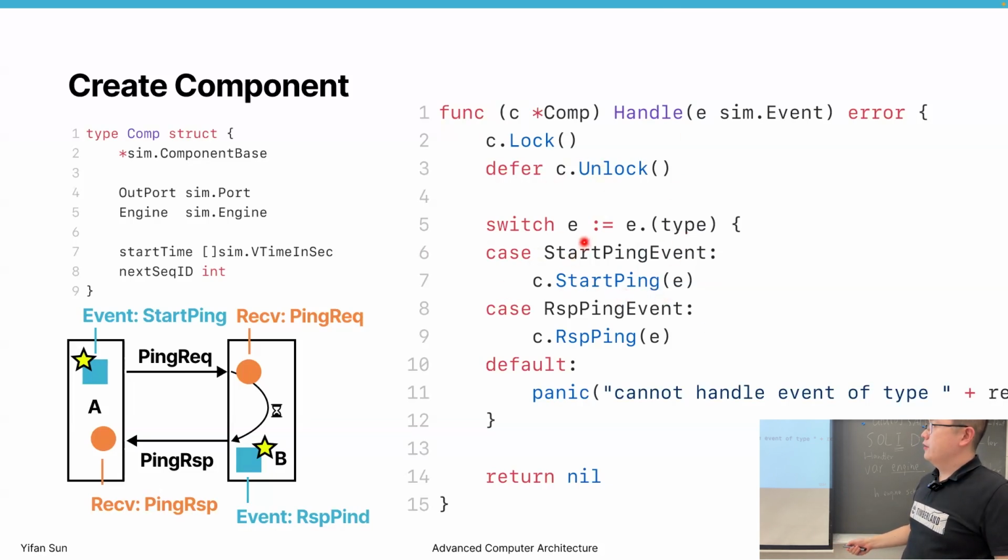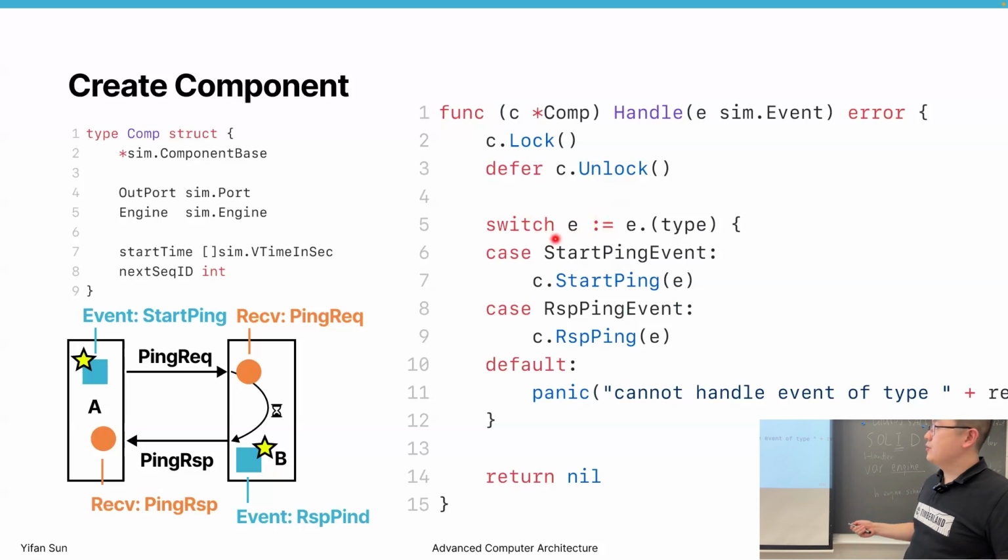So, are you familiar with this syntax? This is one of my favorite syntax in Go. This is called type switching. Here, this is an event, right? We don't know what type it is, but we're switching according to the type. And other than doing this switching, we're actually defining another variable that has the same name, e.